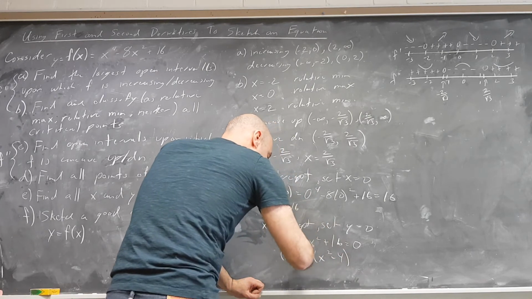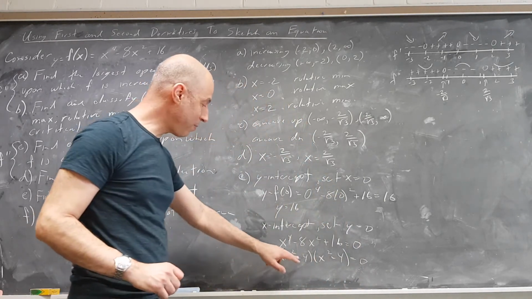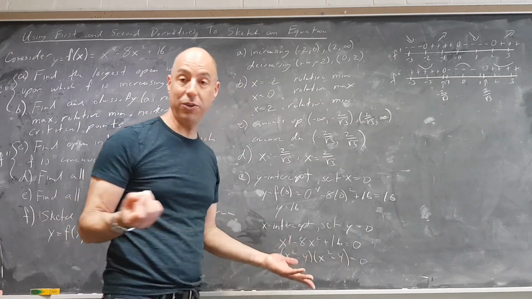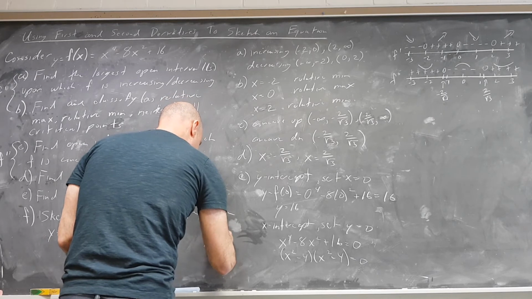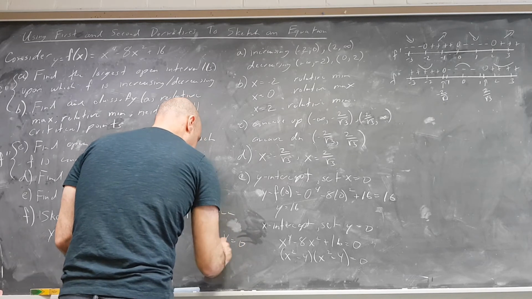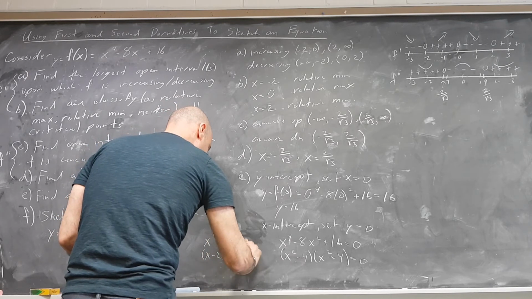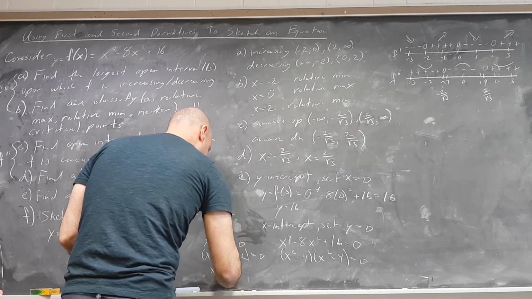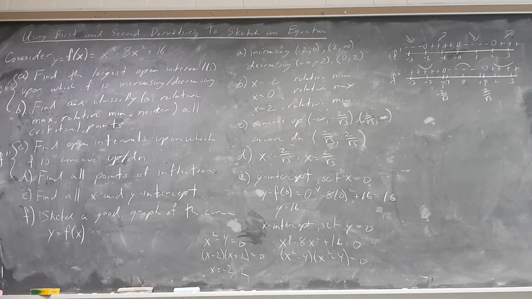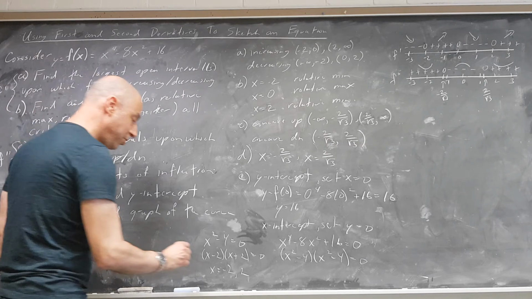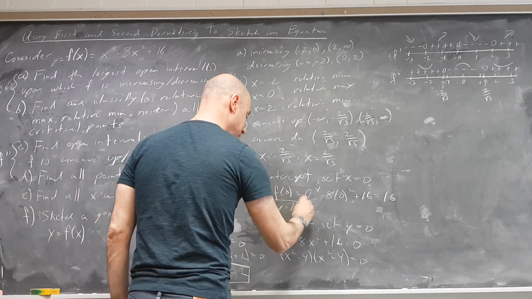This is a perfect square. It factors just like that. So x squared minus 4 equals 0. And that factors nicely as x minus 2 times x plus 2. So x is equal to minus 2, or 2. So we have two x-intercepts, and of course, one y-intercept.